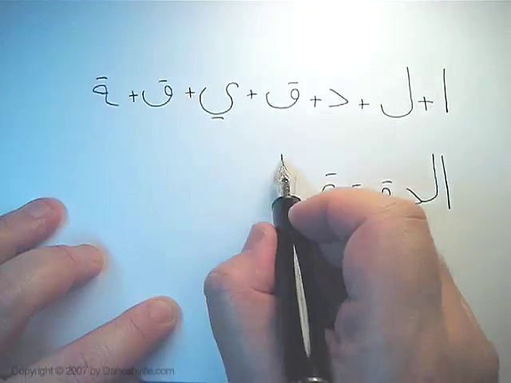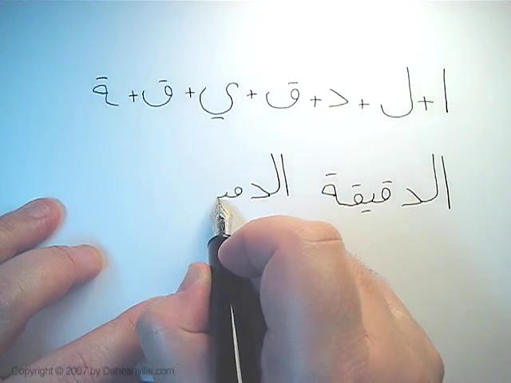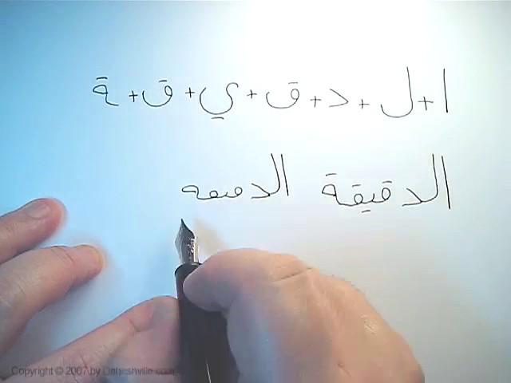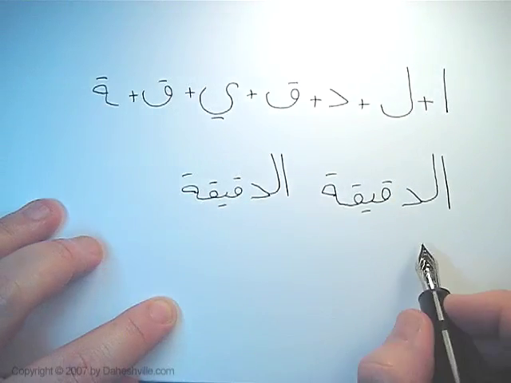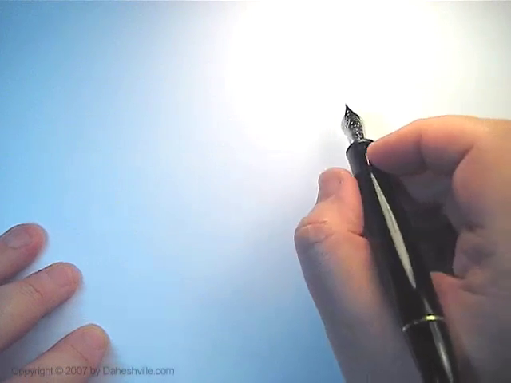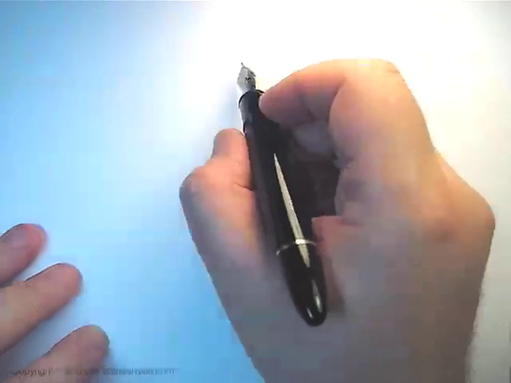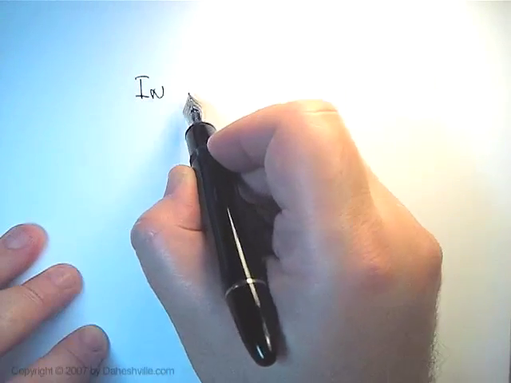I just know you want me to tell you how this sounds. Tell you what, let's play a little game. Sound it out first yourself and let's see. Okay? Okay, my turn. الدقيقة. That's the minute. الساعة is the hour. الدقيقة is the minute.